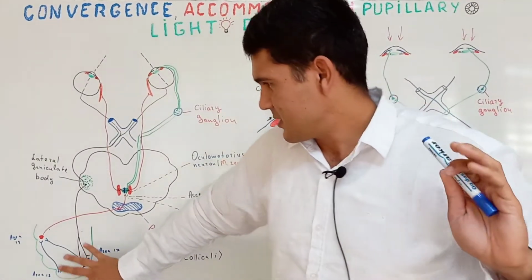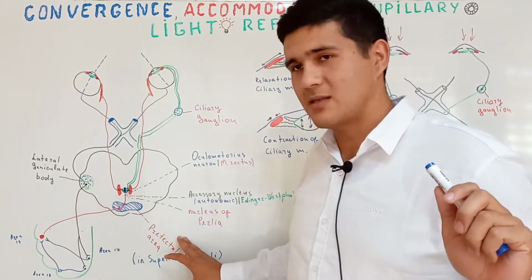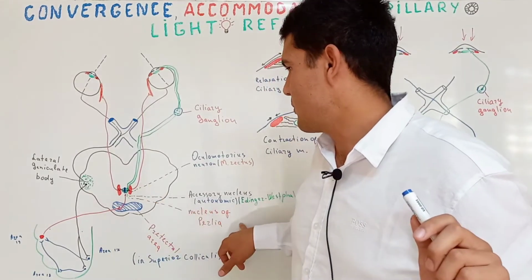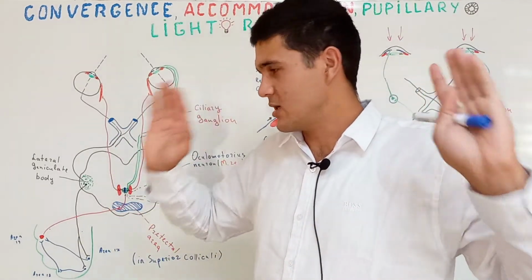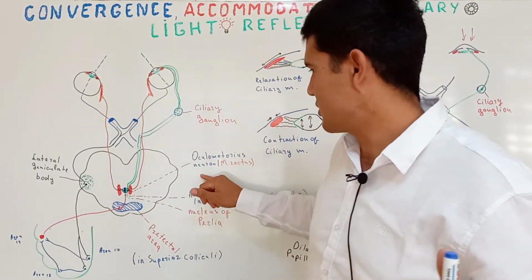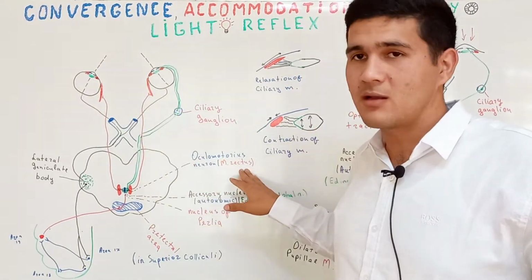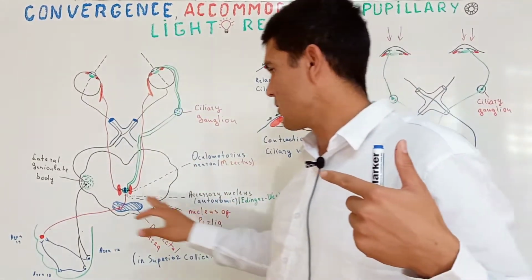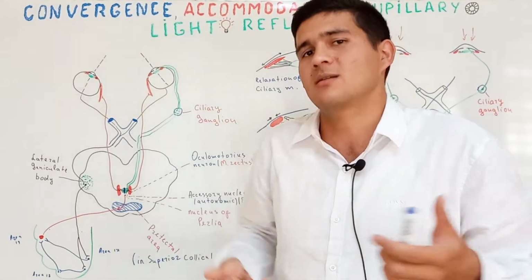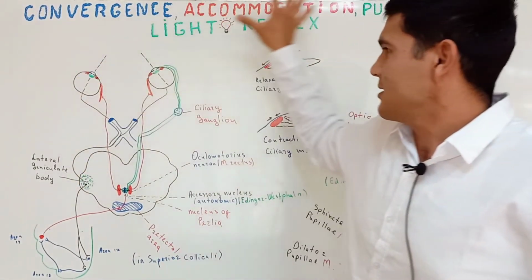After analyzing the information, it sends it to the pretectal area located in the superior colliculus, and the next stage is the nucleus of Perlia. The nucleus of Perlia discharges and sends the information to the oculomotor neuron that is responsible for contraction of the medial rectus muscles, and to the Edinger-Westphal nucleus that is responsible for parasympathetic innervation of the iris and ciliary muscles. And that's all. That's convergence and accommodation.